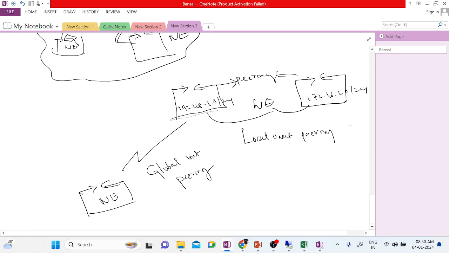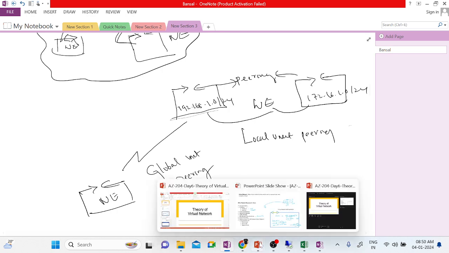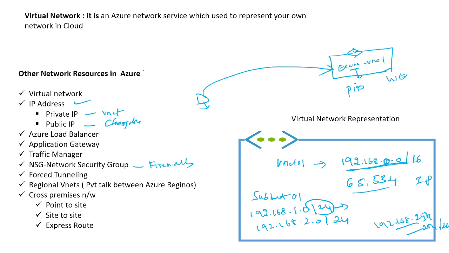We will also do that. I don't know whether we can do it today, but maybe tomorrow we will do the lab, and at that time you will understand. That is called regional VNets. Private traffic between Azure regions, and VNet peering and all is there.